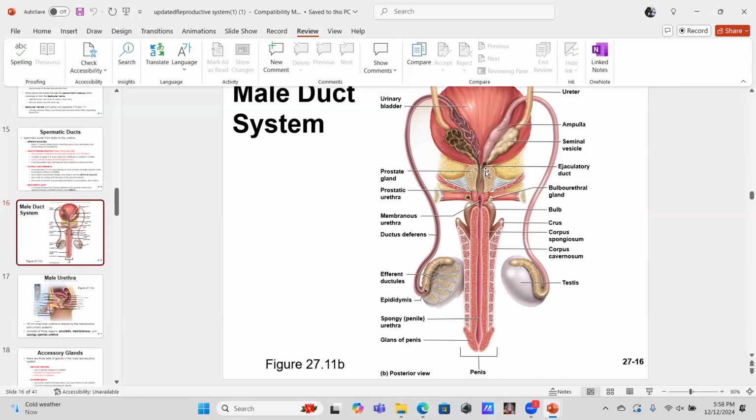That seminal fluid is going to contain lots of proteins, lots of glycogen and fibrin and a little bit of fructose. So there's an energy source for the sperm cells.